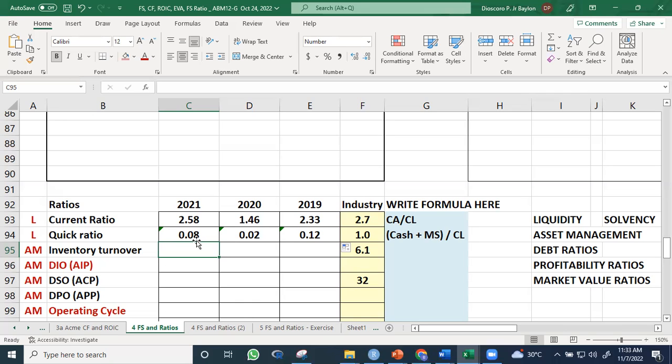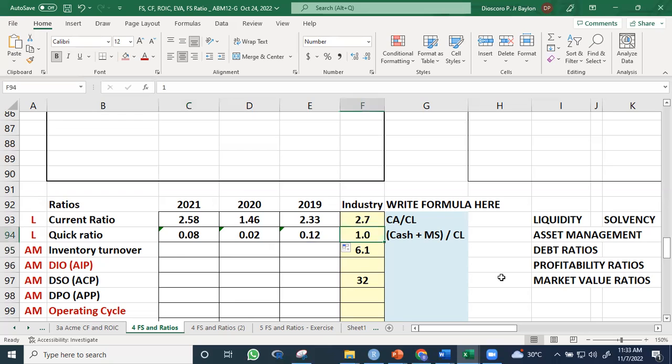So sa bawat piso ng utang, yung current liability ibig sabihin magiging due dun sa current year, no? So 8 centavos lang yung pera nila, yung cash nila. Right? So this might require them to borrow para mabayaran yung mga current obligations nila. Okay? All right. How does it compare with the industry?